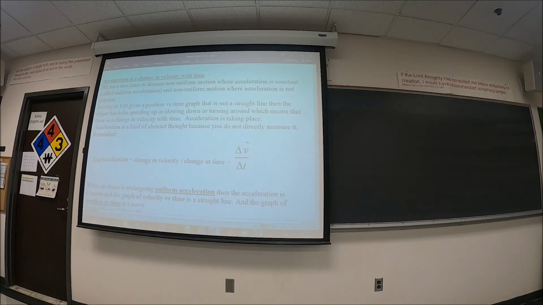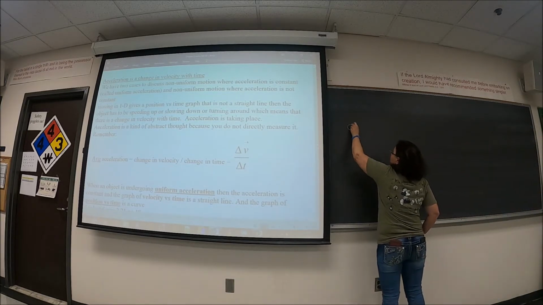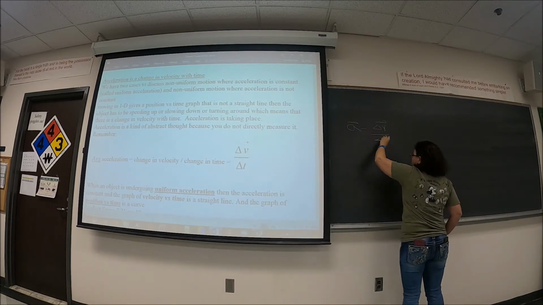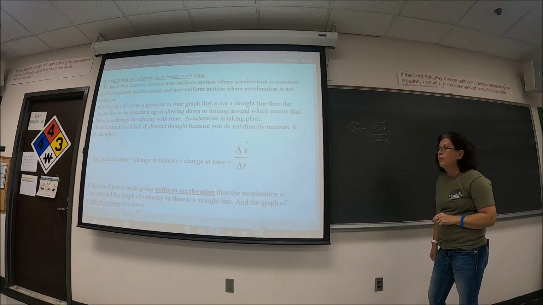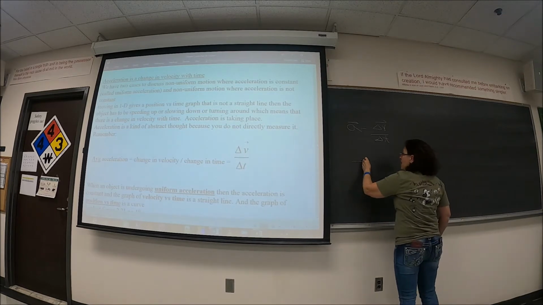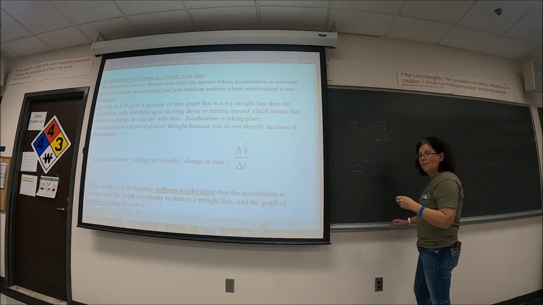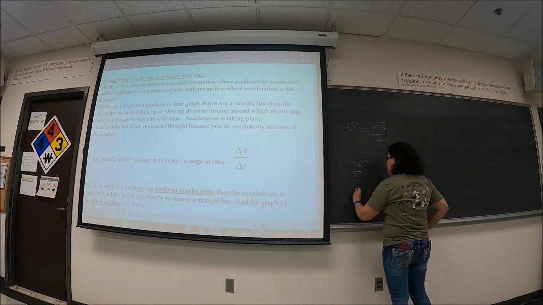Now, we know that acceleration is a change in velocity with time. Acceleration is delta v over delta t. We know that if the acceleration vector and the velocity vector point in the same direction, something is speeding up.